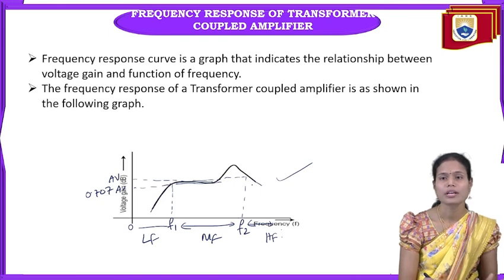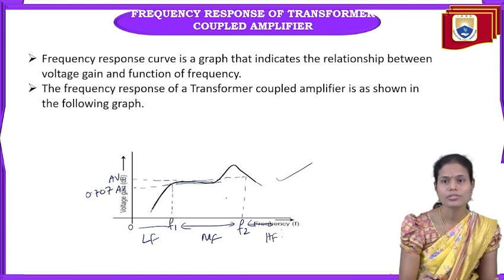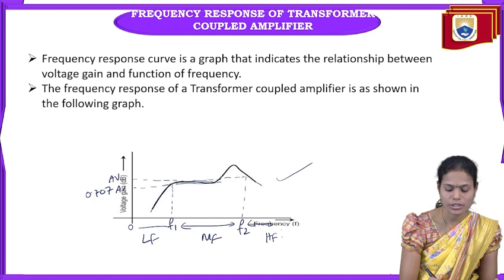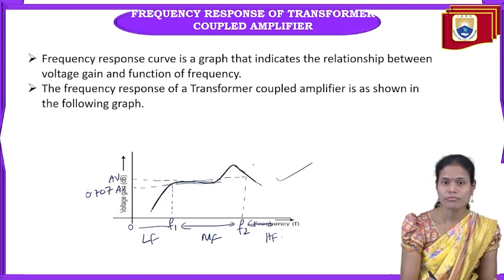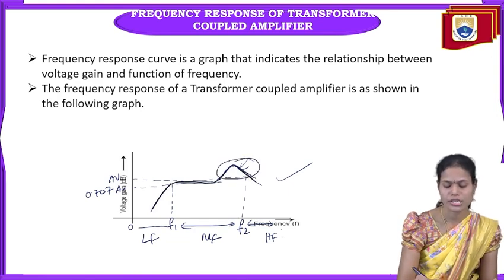Sometimes the gain value will increase here, but this increment is not our original signal, because of the distortion added to our output signal, that is reflected as a rise in the frequency response. This type of distortion we can call frequency distortion.